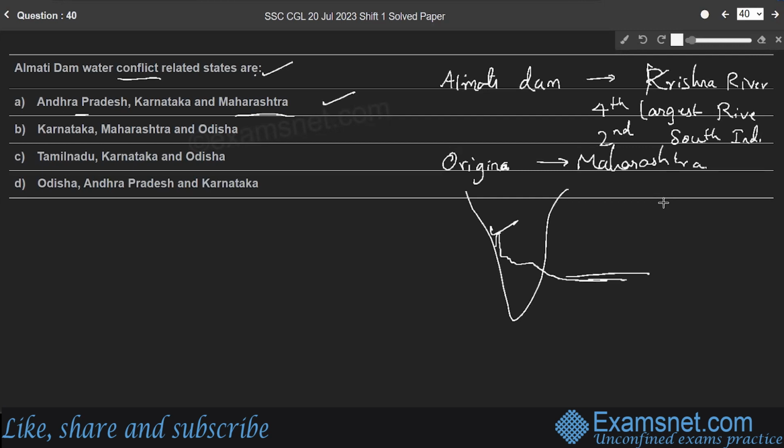The dispute of water of Krishna River has been there since colonial time, right? This is due to the uneven distribution of water. Therefore, for the given question, water conflict related states are Andhra Pradesh, Karnataka and Maharashtra. Option A is the right answer.